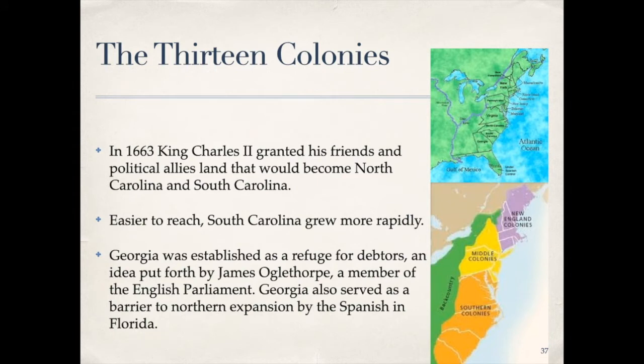In 1663, King Charles II granted his friends and political allies land that would become North Carolina and South Carolina. Easier to reach, South Carolina grew more rapidly. Georgia was established as a refuge for debtors, an idea put forth by James Oglethorpe, a member of the English Parliament. Georgia also served as a barrier to northern expansion by the Spanish in Florida.